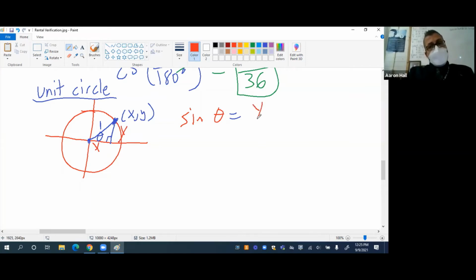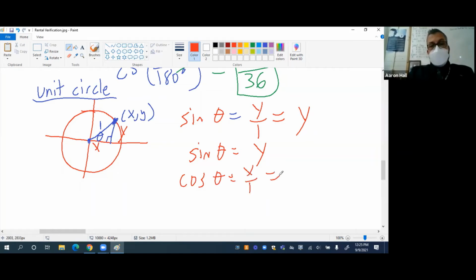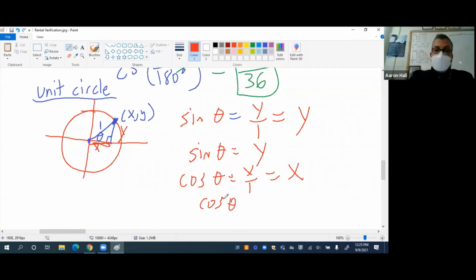Y over 1, which is just y. So for a unit circle, sine of theta equals y. What about cosine of theta? X over 1, which can be simplified to x. We're doing adjacent over hypotenuse. So we need to remember that cosine of theta for a unit circle equals x.